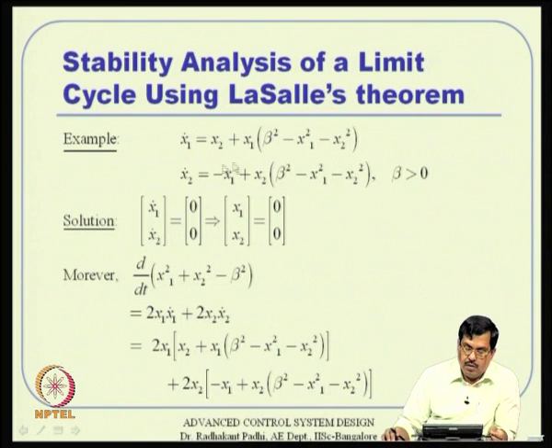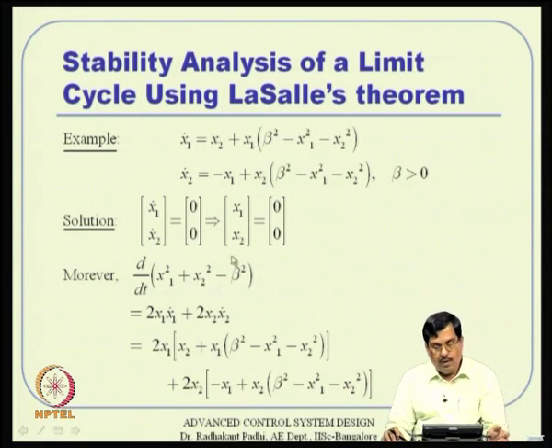One solution ultimately is x 1 and x 2 both equal to 0. Okay. That is the only equilibrium point actually. As far as equilibrium points are concerned, we have only the origin as the equilibrium point. No question about that, because it does not throw any multiple solutions out of that actually.